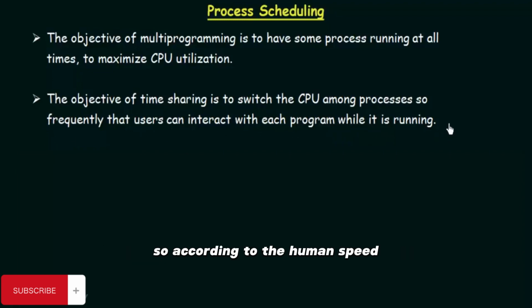According to human speed, we feel like three things are happening at the same time, but actually they are not. The CPU is switched among these processes so quickly that we don't actually realize it, and as a result, you are able to interact with each of these programs while it is running.